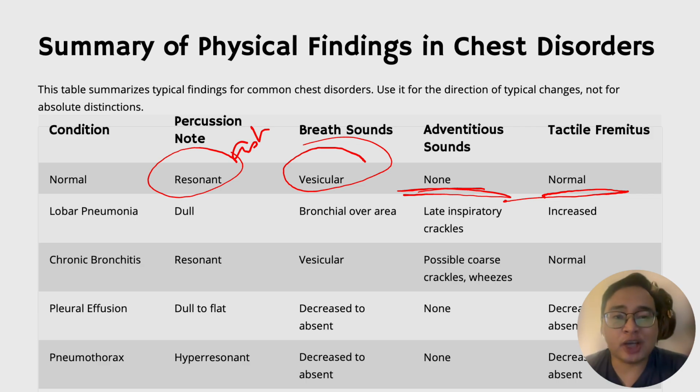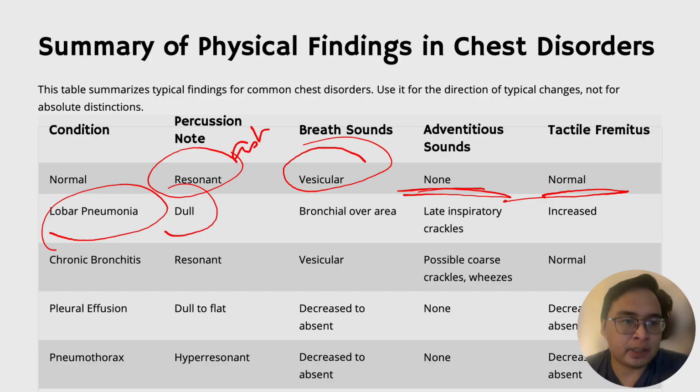Okay, so what happens if you have an infection? If you have a lobar pneumonia, an infection causing such an immune response that there's going to be fluid or pus or exudate in your lungs. Because of the fluid, the percussion is going to be dull because it's consolidated.